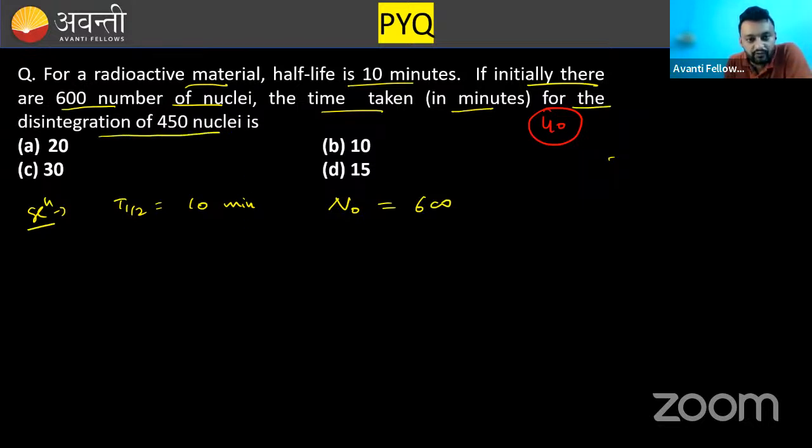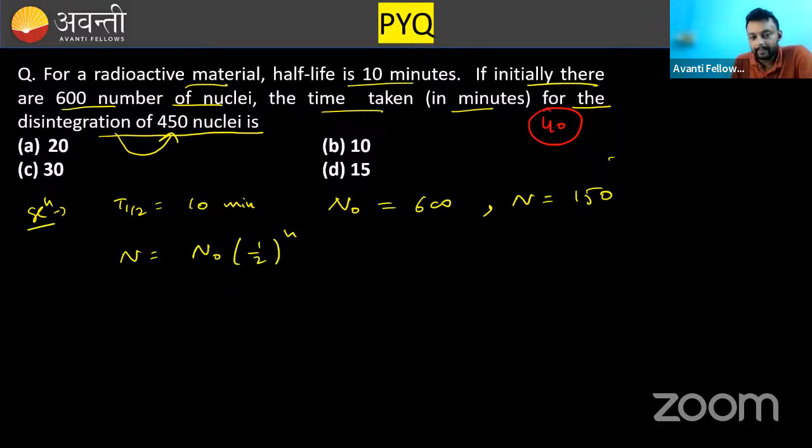For the disintegration of 450 nuclei, that means 450 were decayed. So the remaining number of nuclei were 150. Is this point clear? Originally there were 600 and 450 were decayed, so remaining were 150. So what is the time taken? Again, you can see that N is equal to N naught into 1 by 2 raised to the power n.